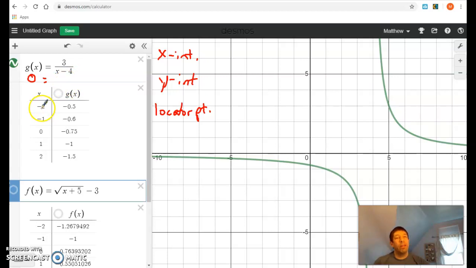We could try to go as big as we want. The bigger we divide it by, the bigger the number in our denominator, the smaller this fraction would get, the closer it would get to 0, but it could never reach 0 because it would always be 3 divided by some really big number, which would just be a really small number. So this graph does not have any x-intercepts.